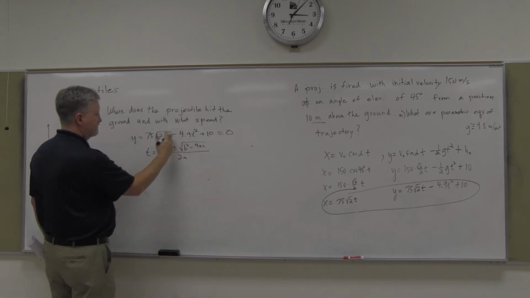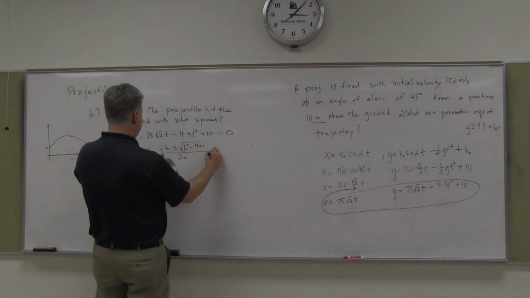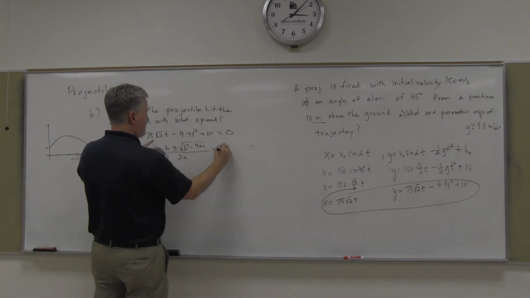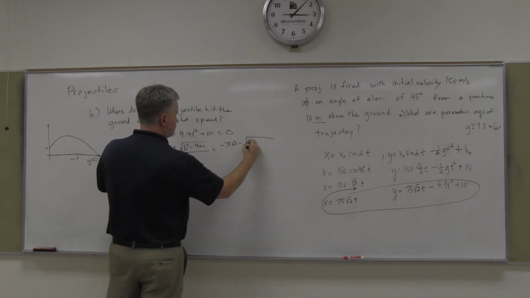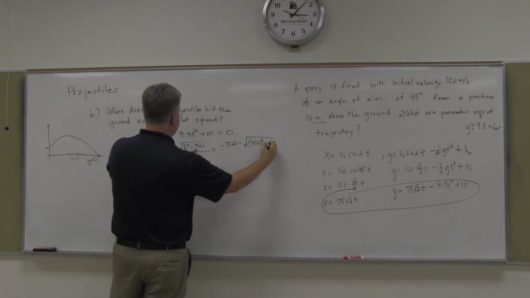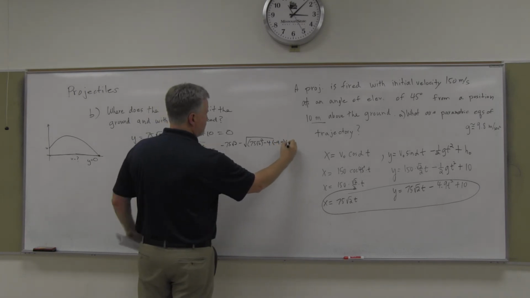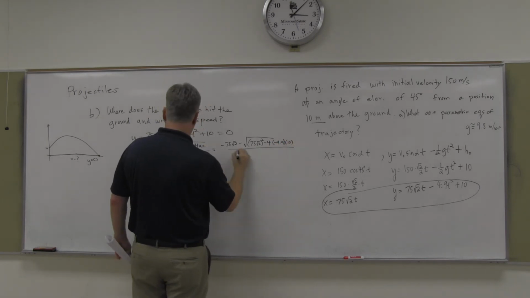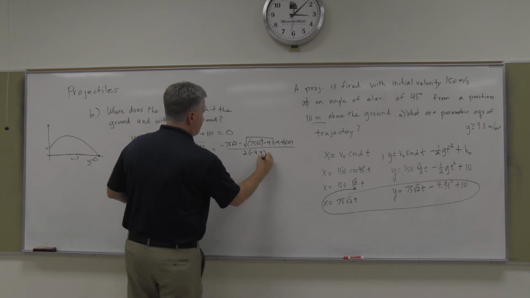The b is 75 square root of 2, so square that, then minus 4 times a, where a is negative 4.9, and c is 10, all over 2 times a, so 2 times negative 4.9.